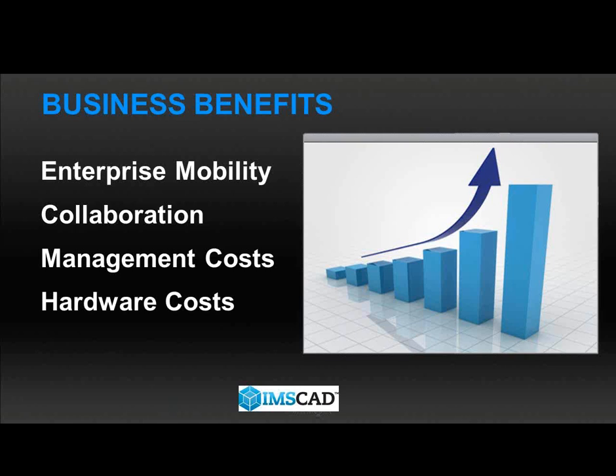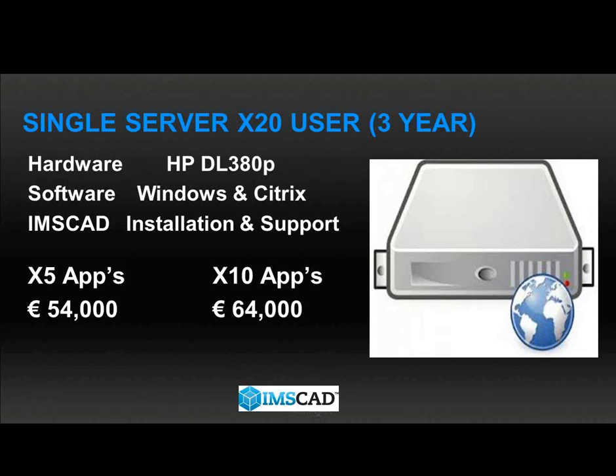So how much does it cost to put these things together? What are we really talking about? Well, I've put together a simple slide here, and if I just chat through this, it's for a single server. In this case I've picked a Hewlett-Packard DL380P. This would have 2 CPUs, dual 8-core CPUs running at 2.9 gigahertz.